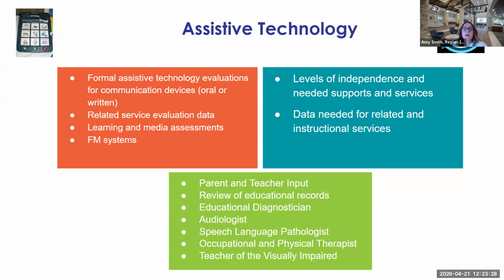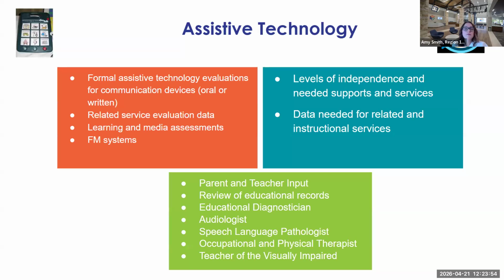Next, we have the assistive technology section of the report. In this section, various technologies that are determined to be required for your child to access and benefit from their IEP will be discussed. This may include communication devices, supporting oral and or written communication, or something like an FM system to assist with hearing.